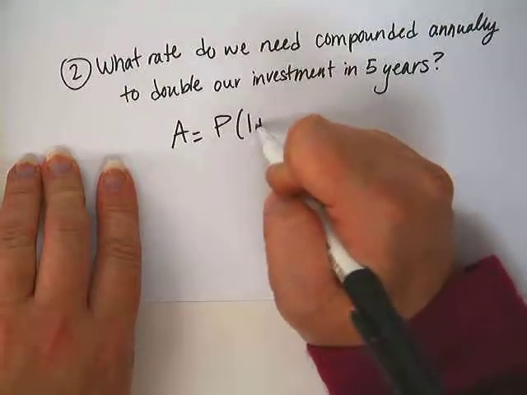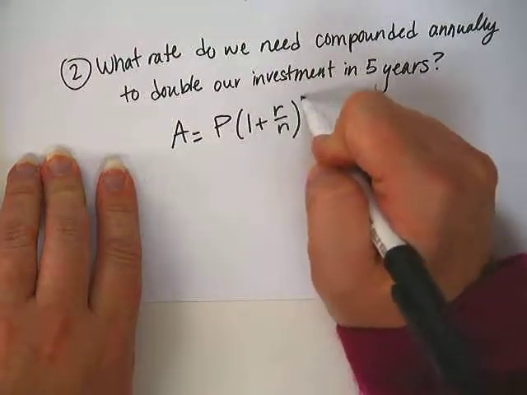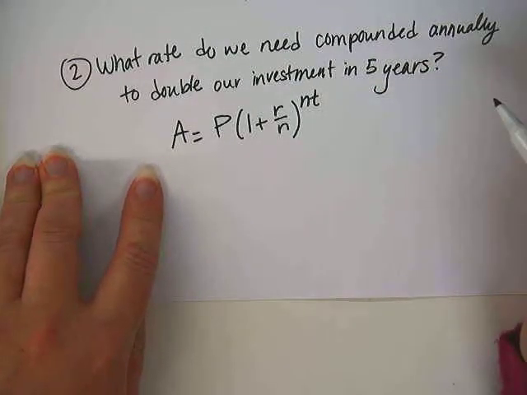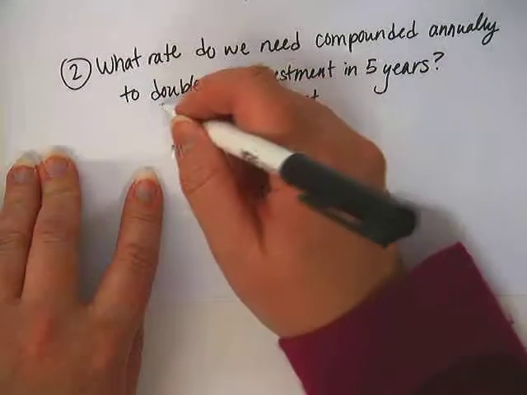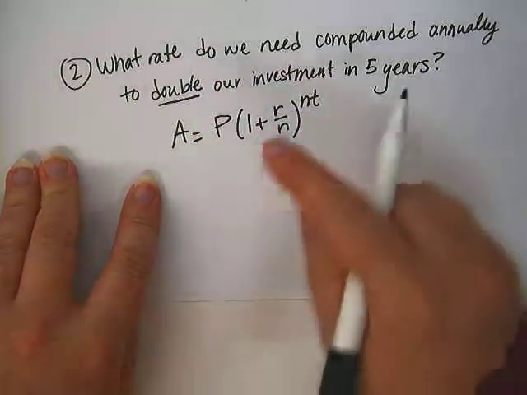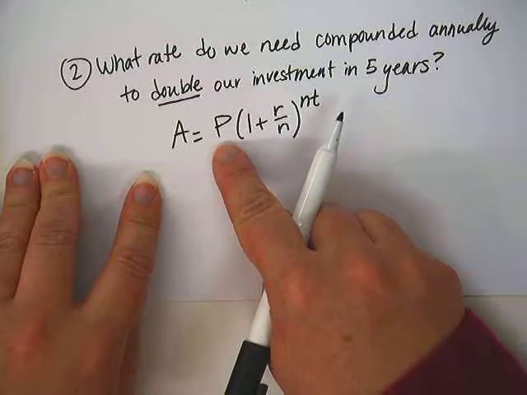Okay, well, our formula is A equals P times 1 plus r over n to the nt power. Did it give us an amount? No. The only hint we have for amount is double.